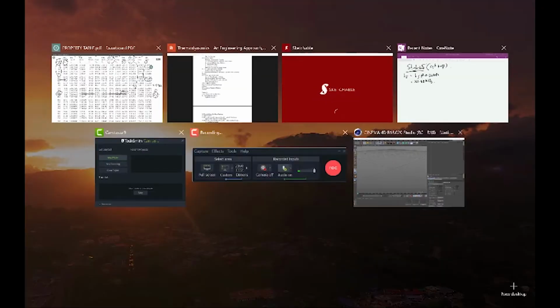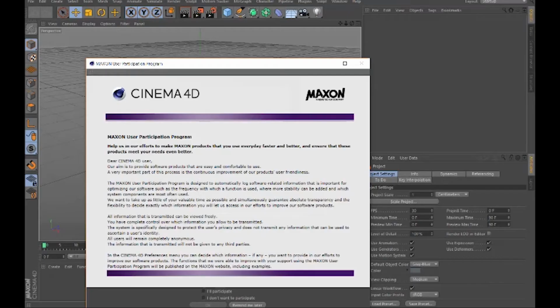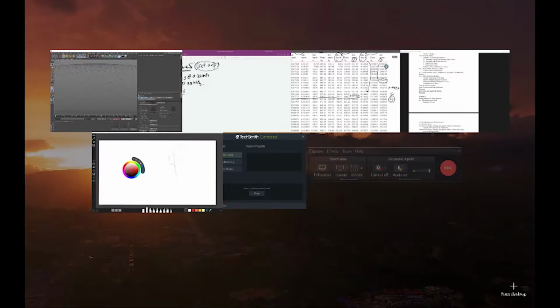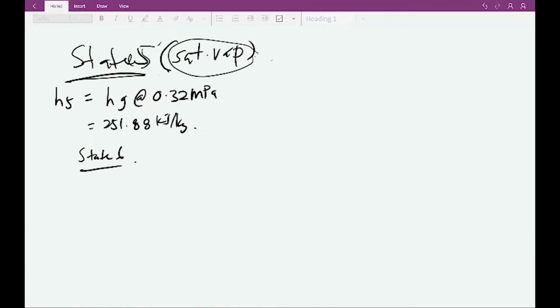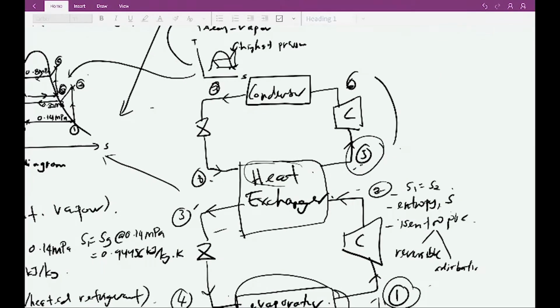Now go for state 6. When the refrigerant changes into saturated vapor at state 5, it passes through the compressor and then becomes state 6.